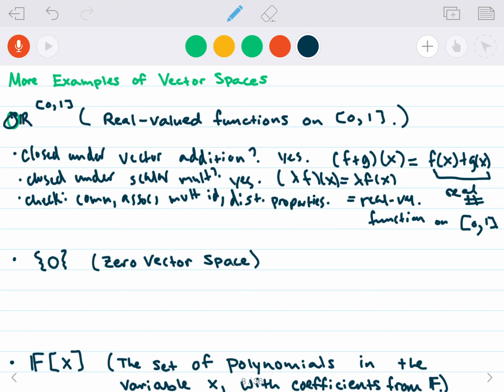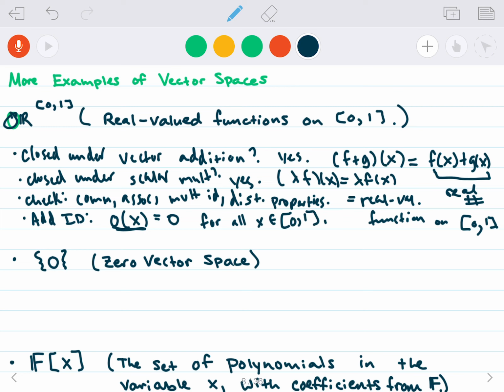So that's interesting. What about the additive identity? Well, that's just going to be the 0 function. So 0(x) is our additive identity, and it equals 0 for any input, for all x in [0,1].